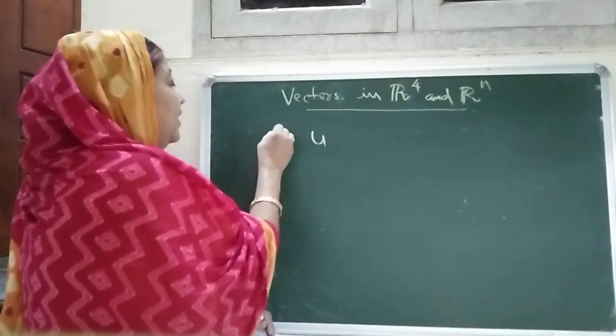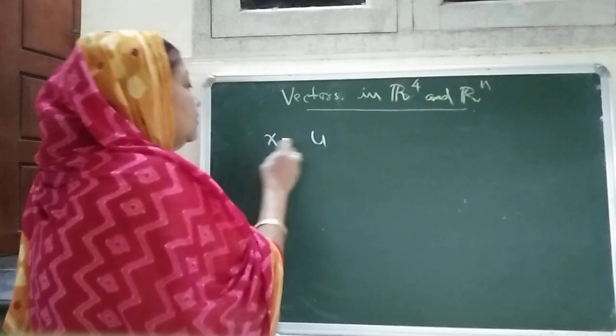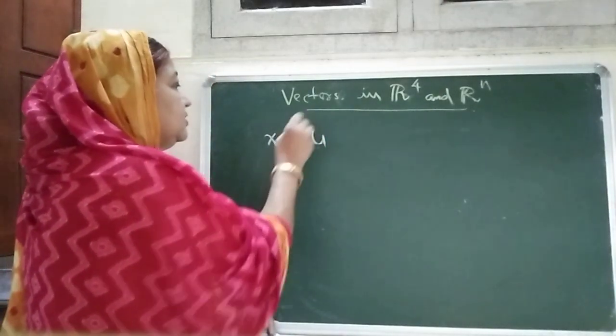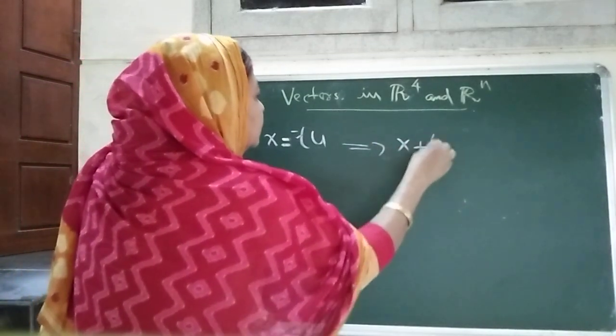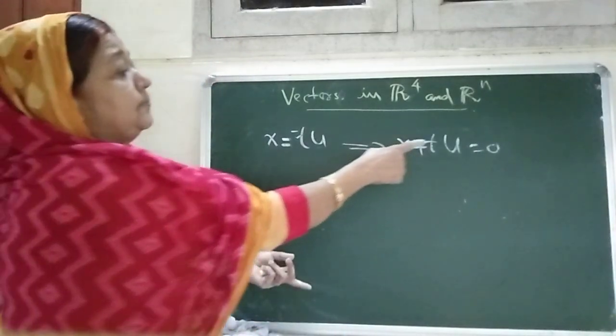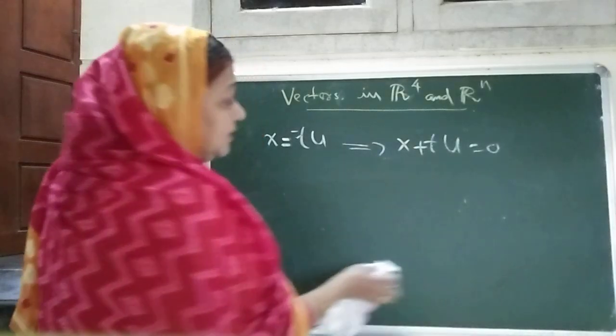We know if x is a line parallel to u, then x equal to t into u, or x equal to minus t into u, or the equation x plus tu equal to 0 is a line which is parallel to u. Then we can find some equations.